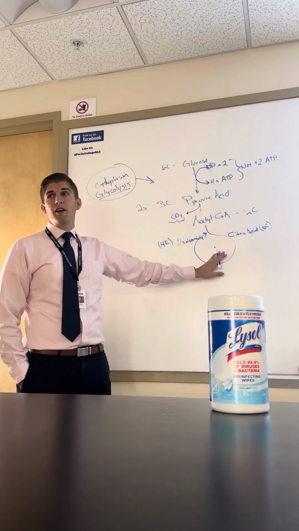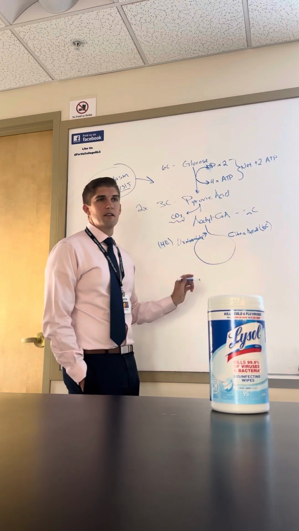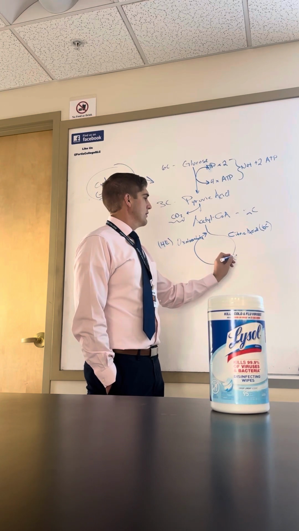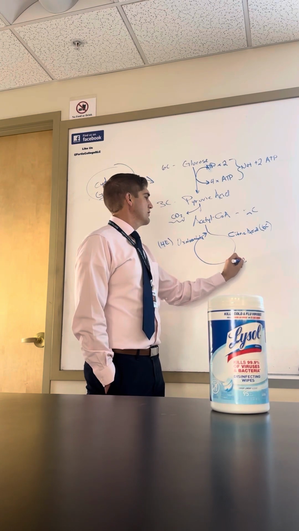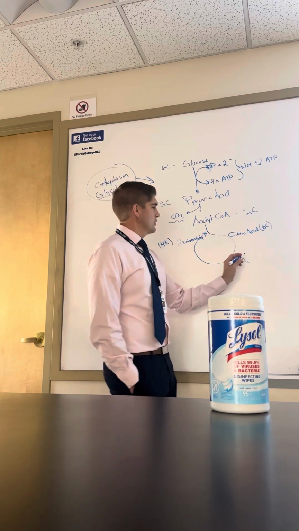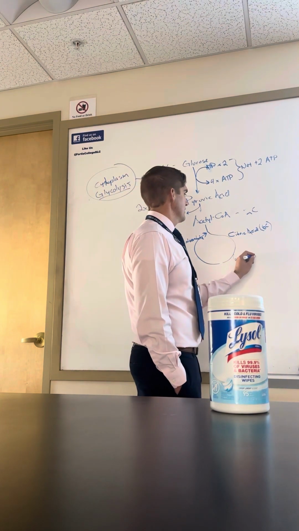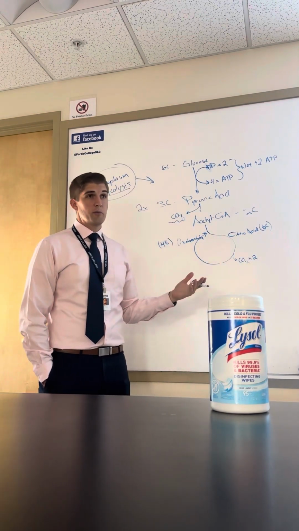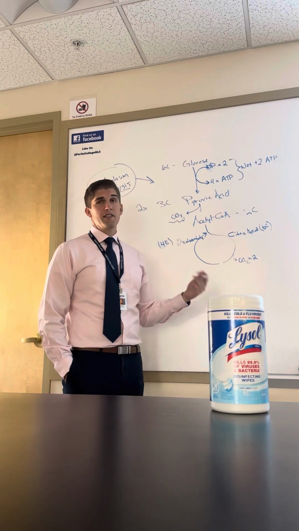And what are the byproducts? CO2. How many? 2. Because remember, you're going from 6 to 4, so you have to lose 2 carbons. And they get lost in the form of CO2.